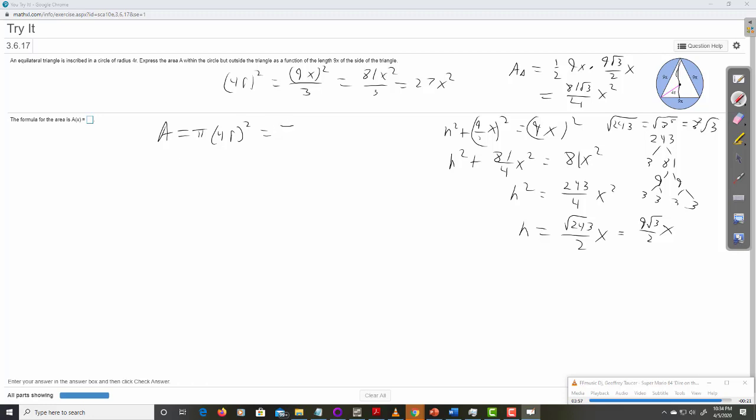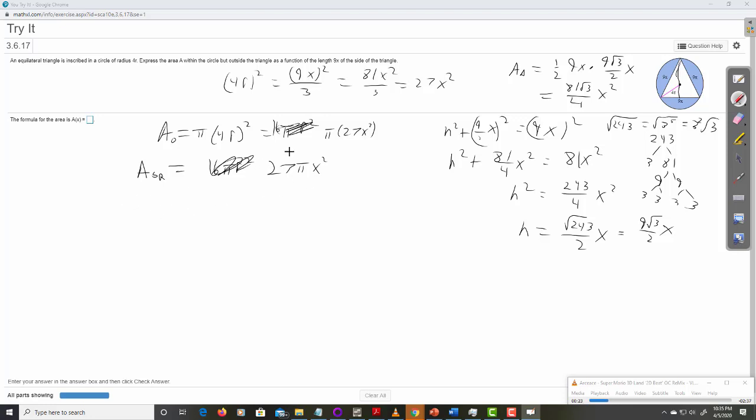So that's 16 pi r squared. So that's the area of the circle. Area of the shaded region, then, is 16 pi r squared, which, oh, they want it just in terms of x, my bad. So there's no real reason for them to multiply this out. We know 4r squared is 27x squared, so it's pi times 27x squared, so 27 pi x squared.